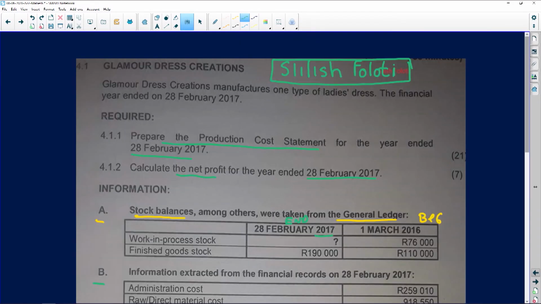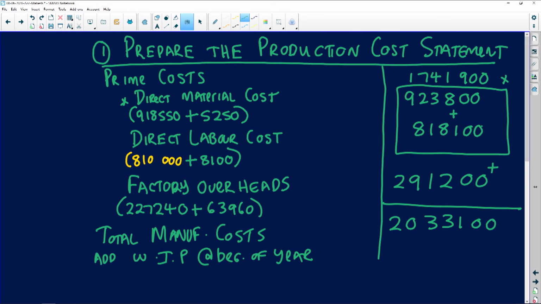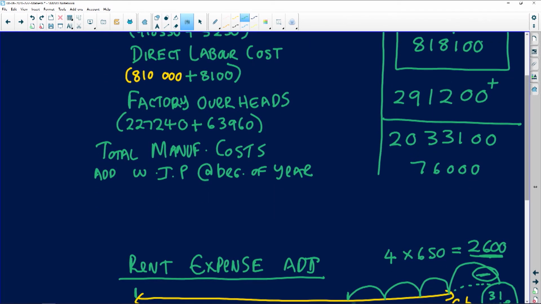So if we go back to the information, work in progress stock at the beginning of the year, 76,000. So one easy mark, 76,000, no calculation, all you're doing is adding this amount. Okay, next line, we're now going to subtract less work in progress at the end of the year.